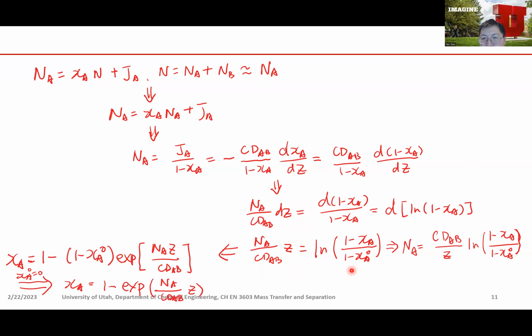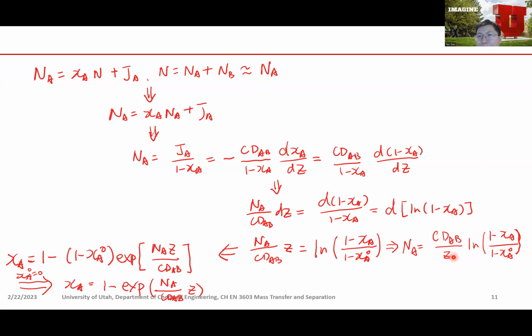Okay, and then NA is dependent on this equation, in which XA0 is the mole fraction of A at the mouth of the cup, the mouth of the beaker, and XA is the mole fraction of A at any location Z in our control volume, right?